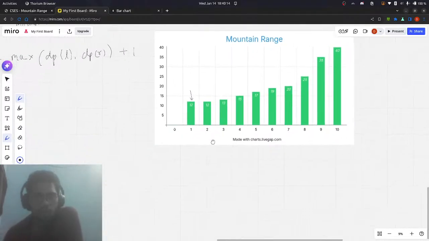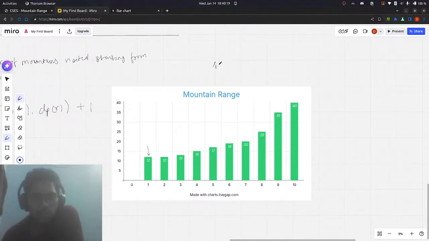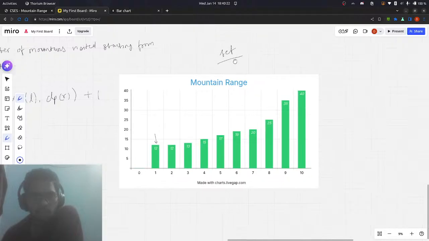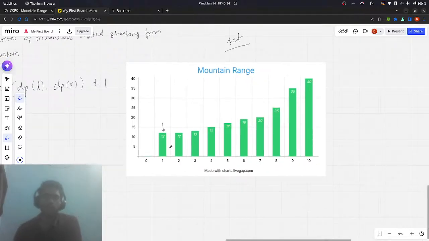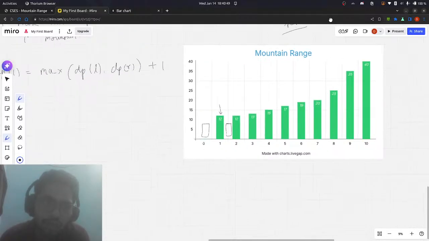So we will sort it, and then we will start from 12. We will maintain maybe a set or something like that. We will maintain a set. So we will start from 12. We will check what is the lowest in the left that we can go, what is the lowest in the right that we can go, not from here but from this set. Since the set is empty initially, there will not be anything in the left nor right, so it will return 0 only.